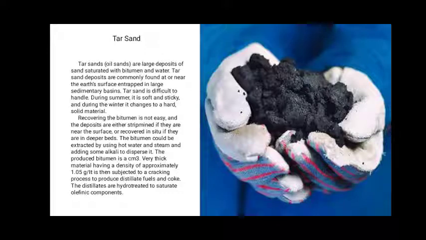The produced bitumen is a very thick material having a density of approximately 1.05 g per cubic centimeter. It is then subjected to a cracking process to produce distillate, fuel, and coke. The distillates are hydrotreated to saturate olefinic components.